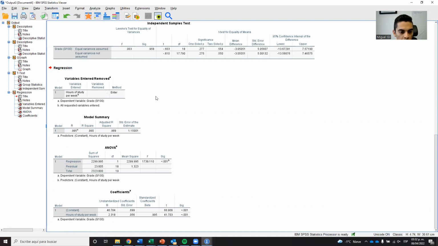Two things that you should check immediately after you are done with setting up the regression. First, check the model summary. The model summary tells you how good your model is at predicting the dependent variable. How good is your model at explaining what happens to the dependent variable?